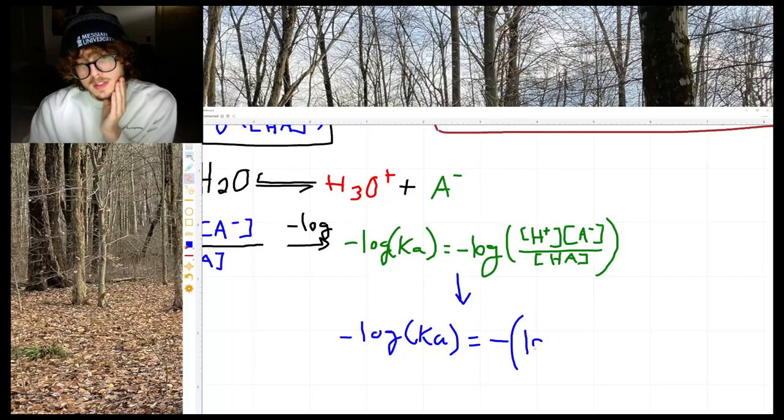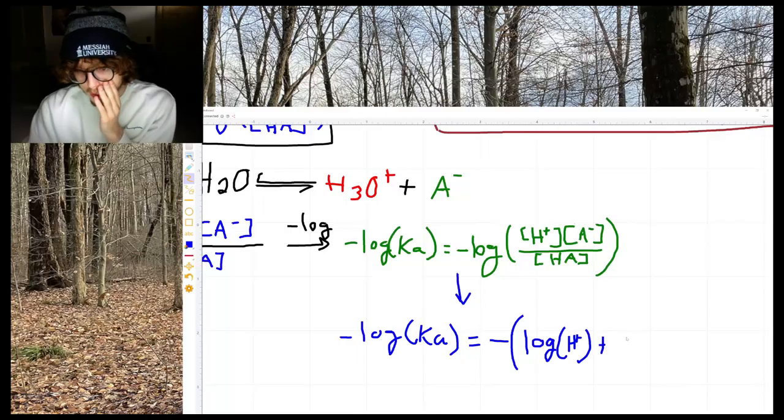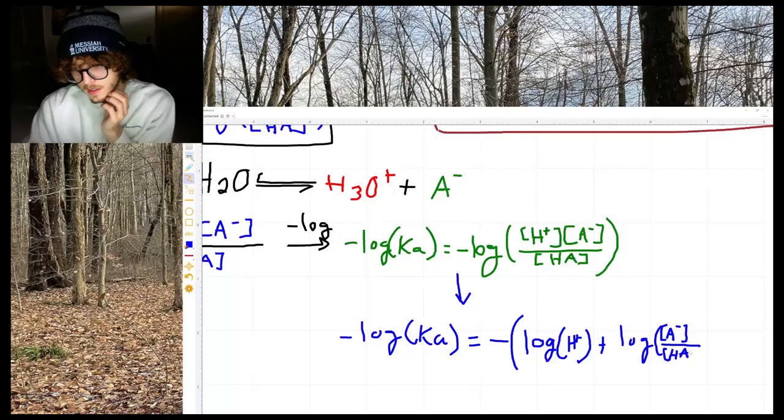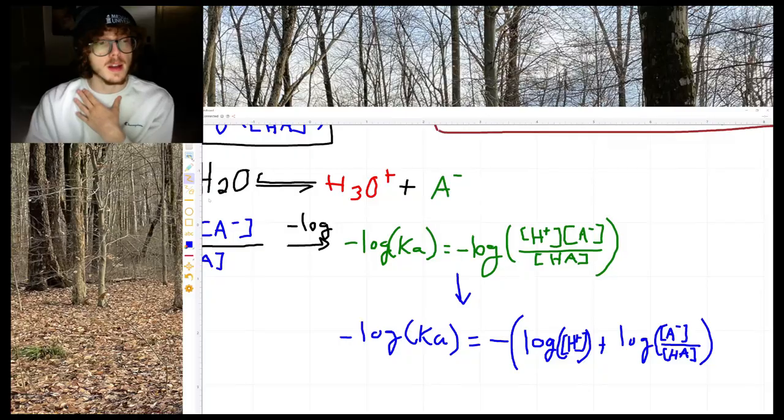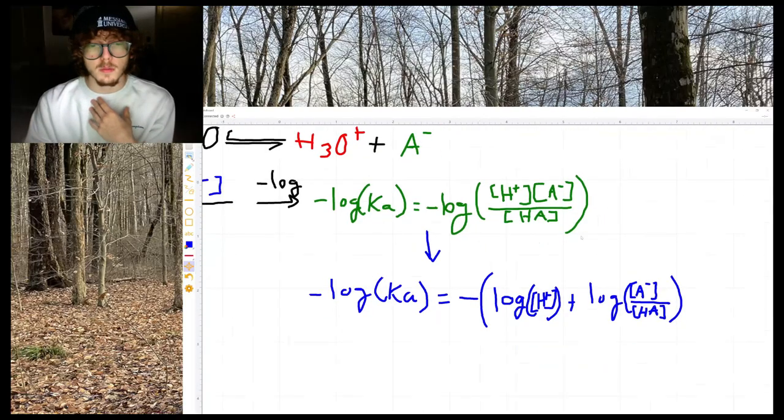We could split this up to say log of H plus, and then we could add that to the log quotient of A minus over HA. And I should be putting brackets around this, and there should also be brackets around the H plus. Don't forget, it's concentration we're talking about, not pressure or something weird like that.